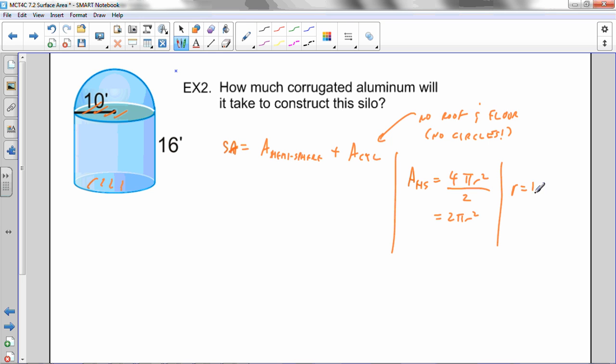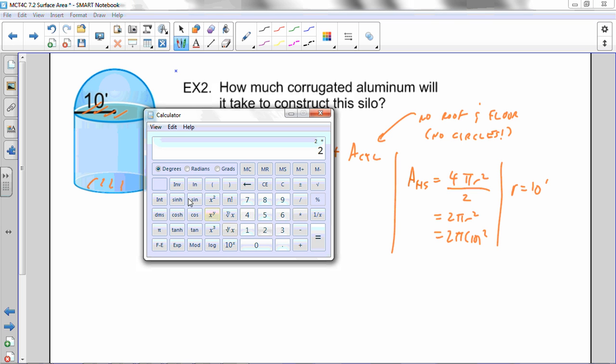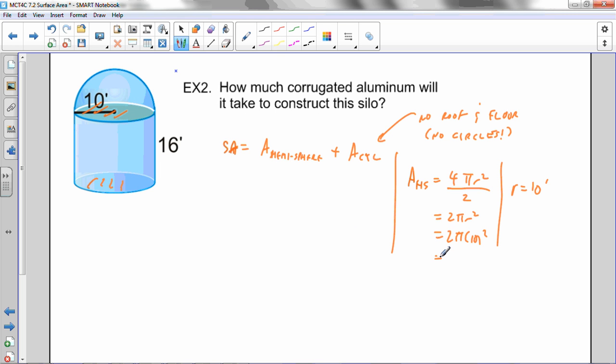And the radius was 10 feet. So I got 2 times pi times 10 squared. Again, we're using our pi button. We're not using 3.14 because we want to be exact. That equals about 628 square feet. So 628 goes there.